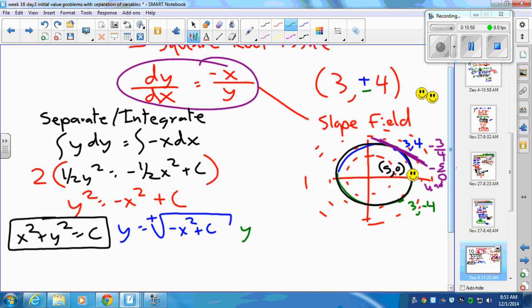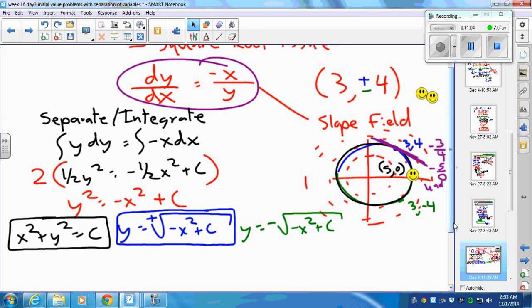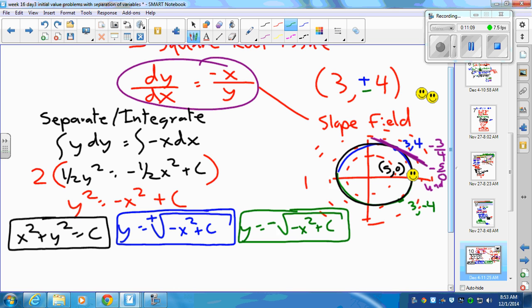Or you could say it's the negative version, negative the square root of negative x squared plus c. So all three ways are technically correct, depending on what you are trying to tell me. I can say the overall path is black. I can say the top half is blue, or the bottom half is green. Okay? And in general, if I don't give you an initial condition, any one of those is fine. I would probably do the black if I do not give you a general starting point.